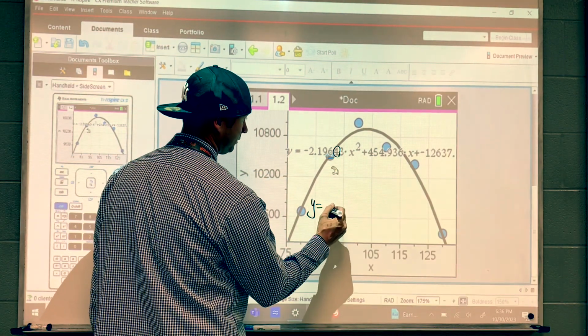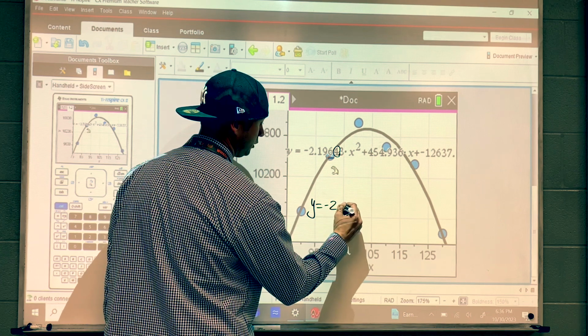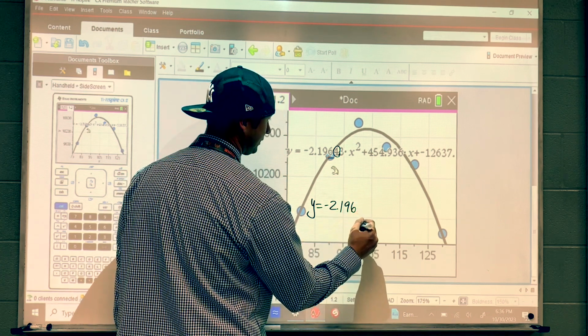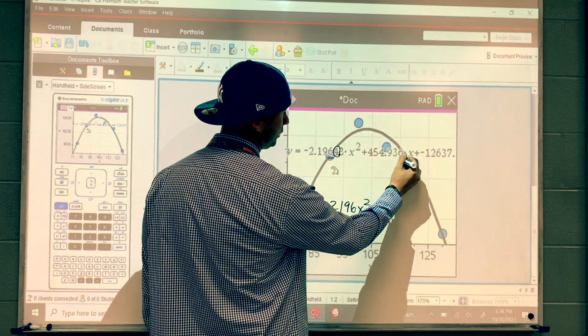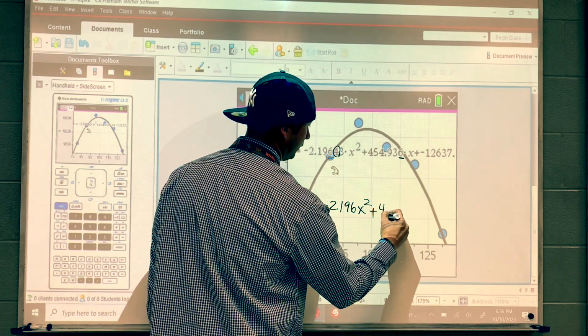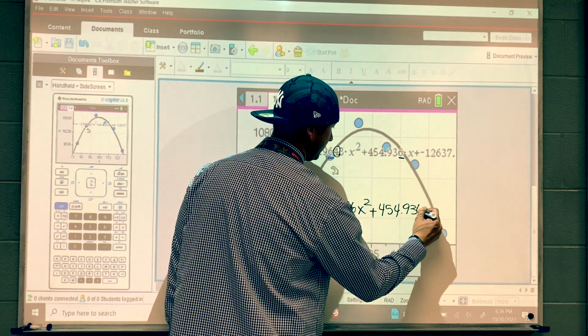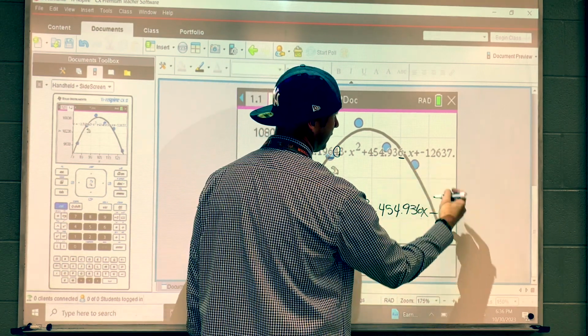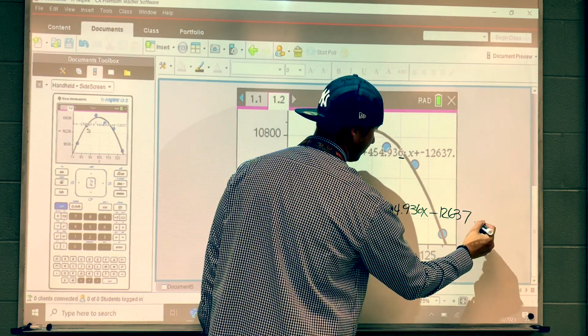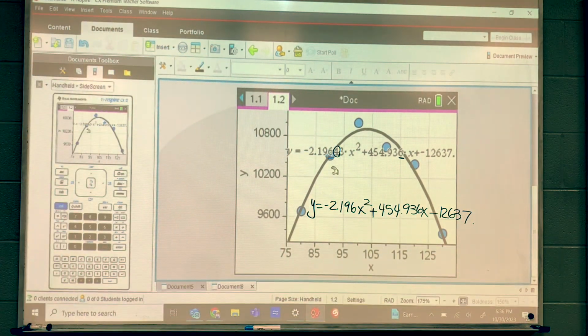So y is equal to negative 2.196x squared plus 454.936x minus 12637. So this was A. What is the equation for the quadratic model? Right here.